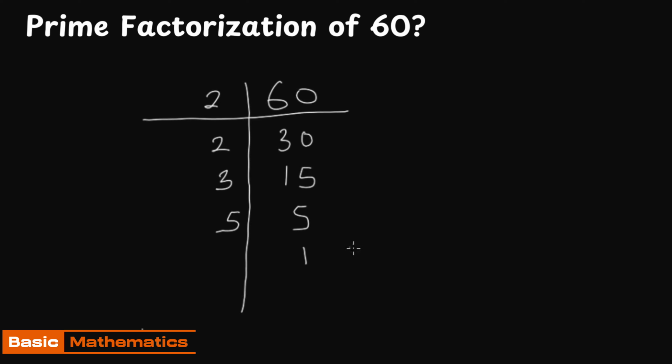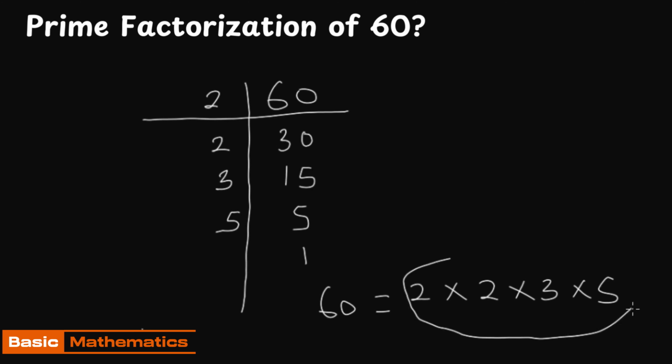Therefore, the prime factorization of 60 is 2 times 2 times 3 times 5.